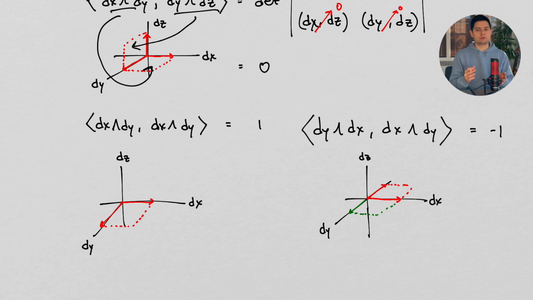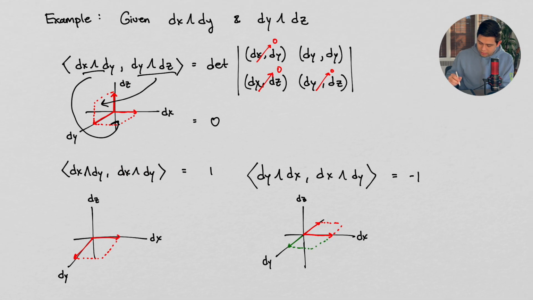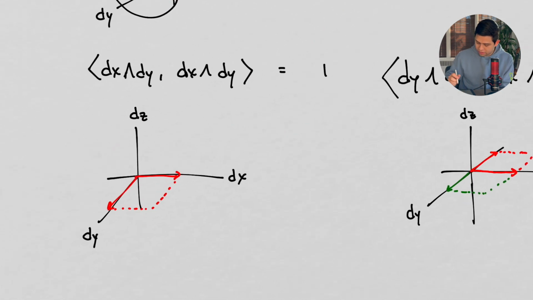When we do that, we see that dx dx is going to be 1, dx dy is going to be 0, then we have dy dx, and dy dy down here. So we get 1 minus 0, which is 1. And these two are this area right here.